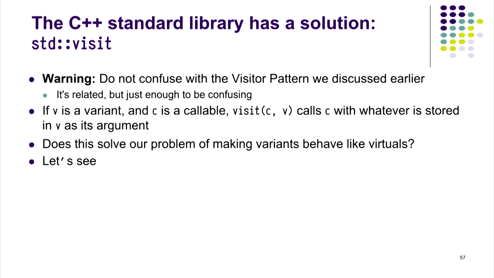Now, how can I call the name method? Well, the C++ standard library has a solution for that called std::visit. It's just similar enough to the visitor pattern to be confusing, so I like to think of them separately. If v is a variant and c is a callable, visit calls c with whatever actual type is stored in v as an argument.